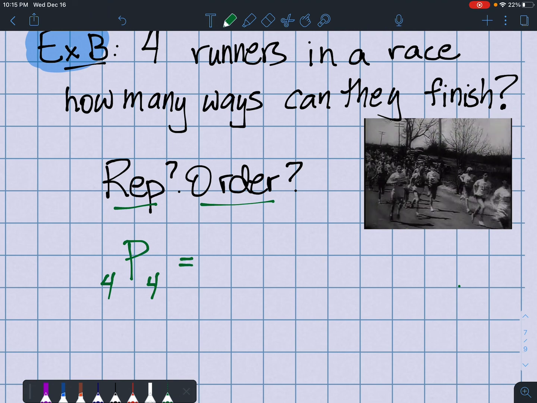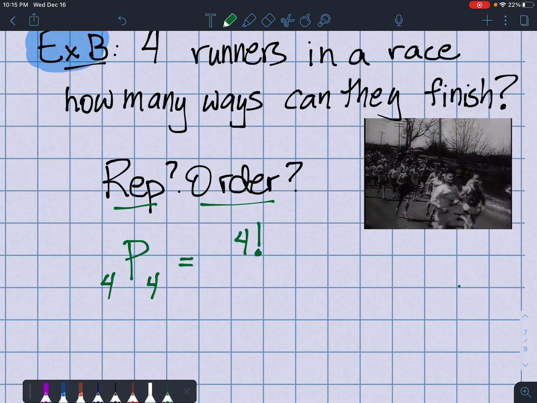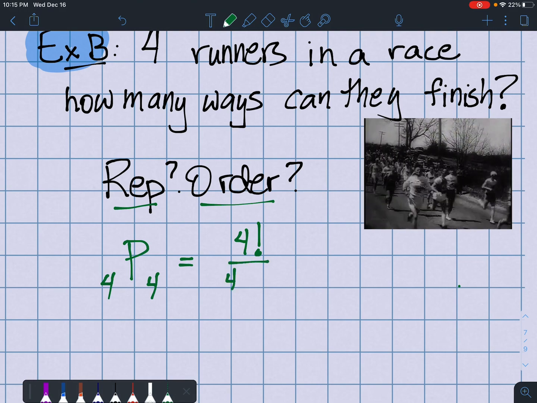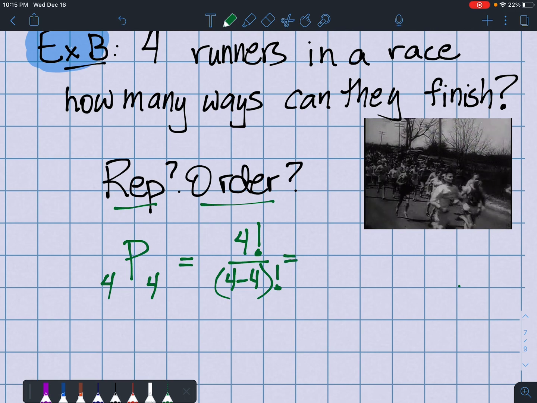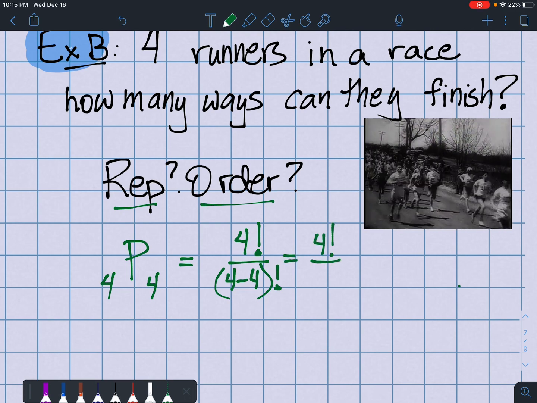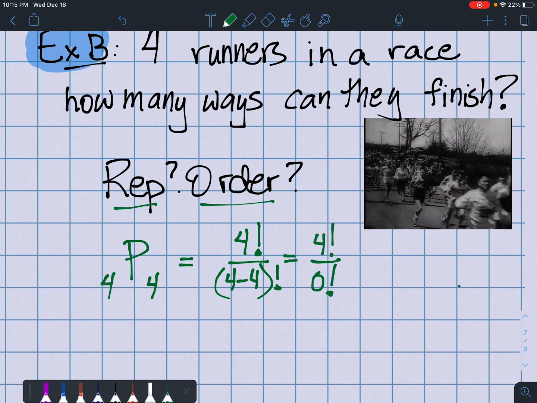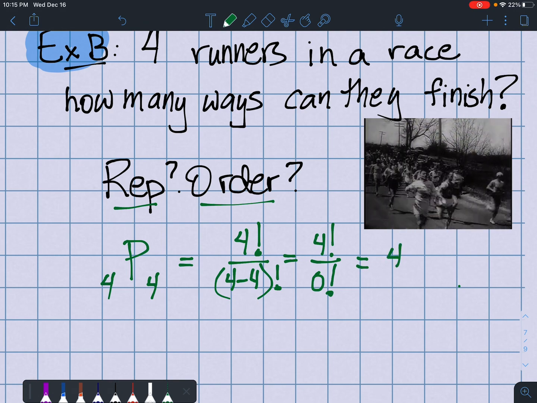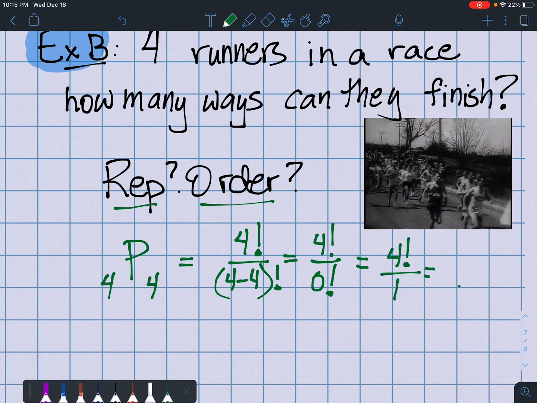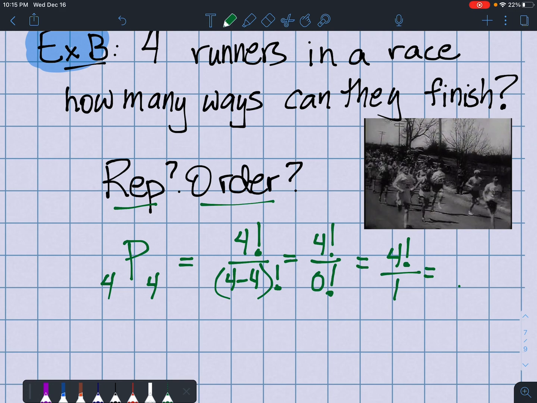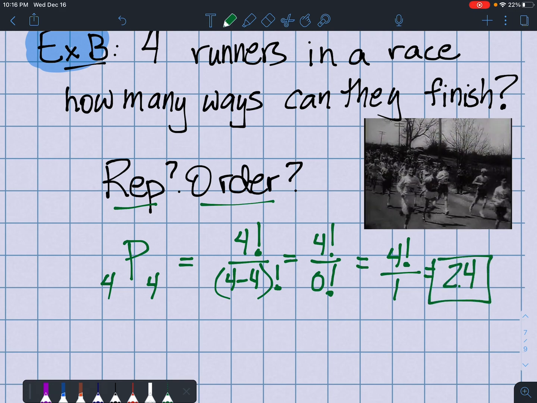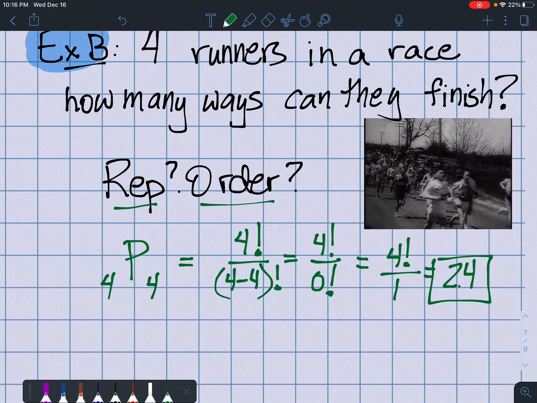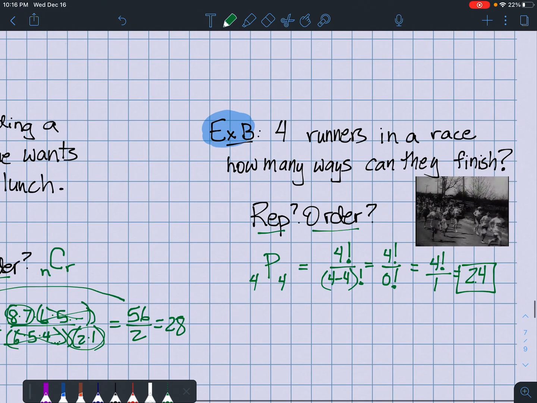And so this would be 4 factorial over 4 minus 4, which is 0. And we know that 0 factorial is just 1, odd as that might seem. So this is 4 times 3 times 2 times 1, which I think I did recently, and it's 24. So there's 24 ways for these runners to finish.